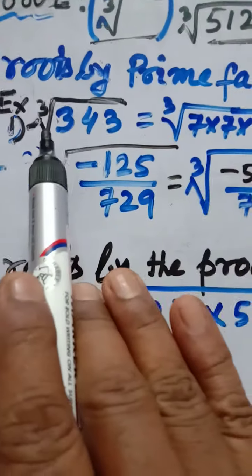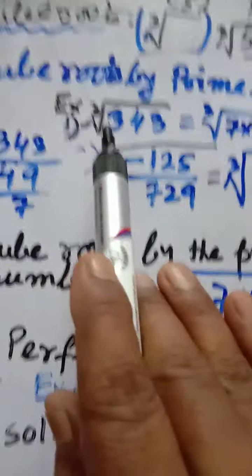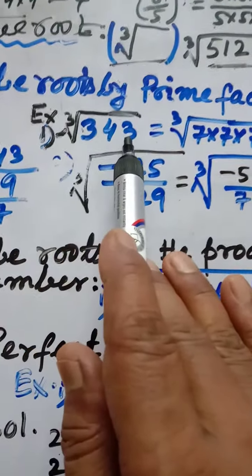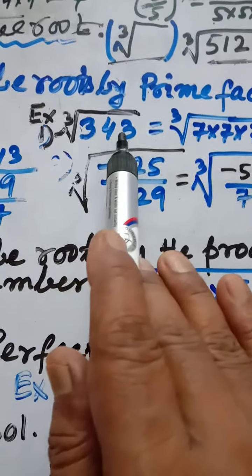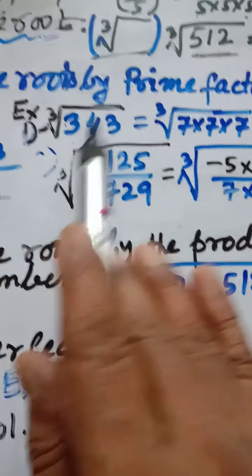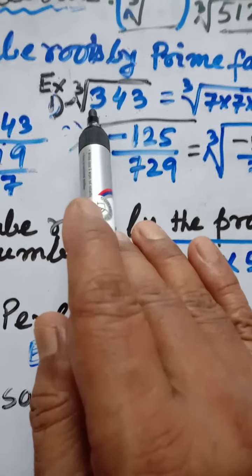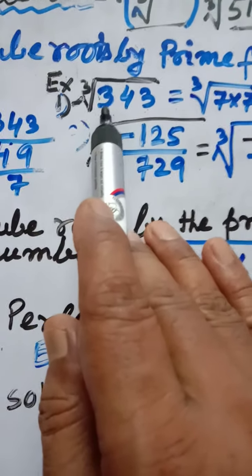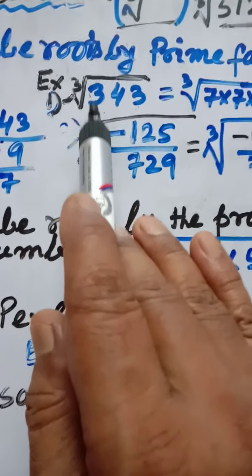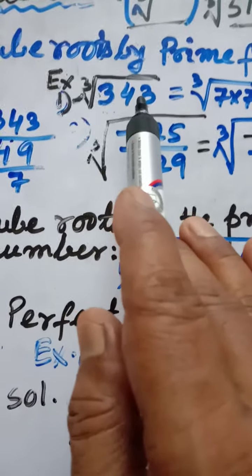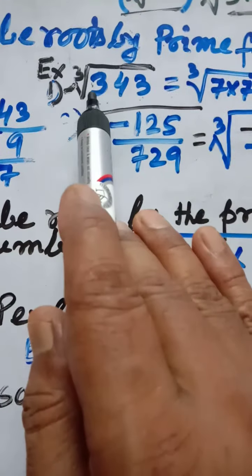Okay, I have taken 2 examples to make you understand. See, 343 is a perfect cube. You can find the cube root as a whole number when the number is a perfect cube. That means this number is a product of a base number multiplied by itself 3 times. Then only it is a perfect cube.